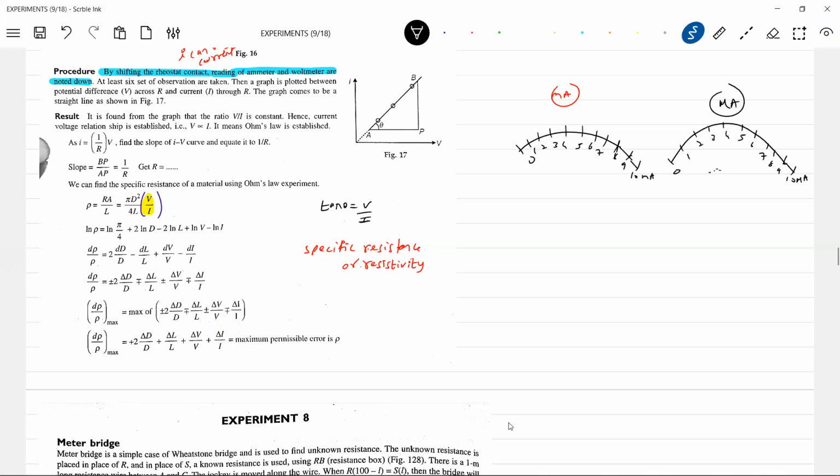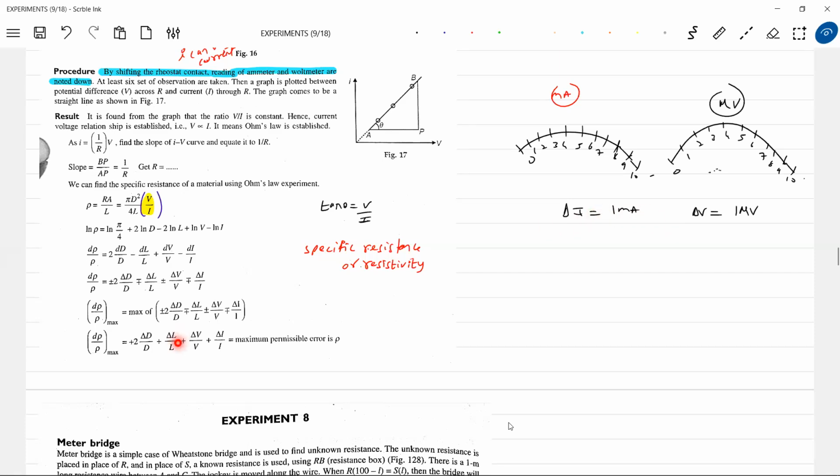Let me call this the voltmeter, 10 microvolt, and milliampere. So what is delta I? 1 milliampere. What is delta V? 1 microvolt. That is what you are supposed to substitute here. They may trouble you with diagram-based questions, so be careful about delta V and delta I.